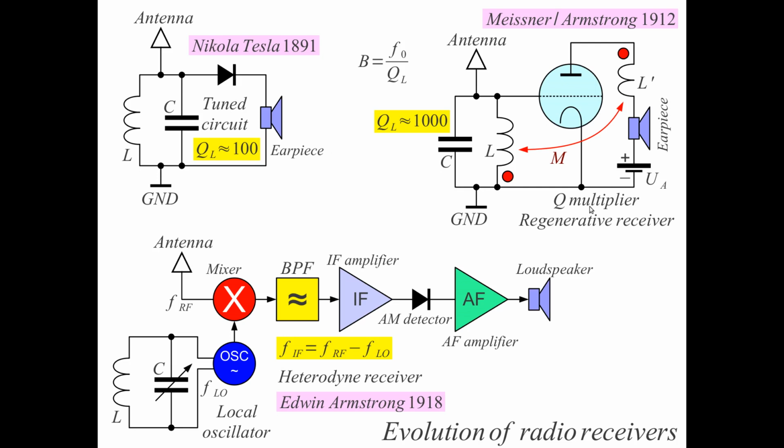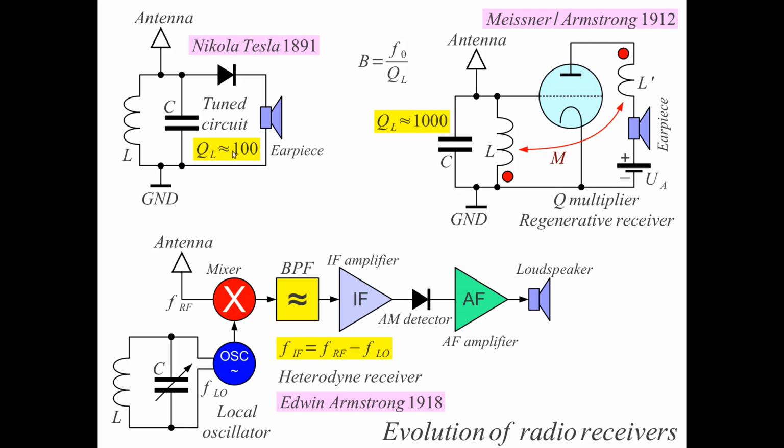The regenerative receiver used amplification with a vacuum tube and also regeneration, so part of the signal was fed back to the input circuit, and this could even make the circuit oscillate, but close to oscillation, a very high increase of the loaded Q could be obtained this way, because part of the loss in this tuned circuit was replaced by the feedback, the positive feedback, owing to the coupling between the two inductors. So the regenerative receiver was much more narrow band.